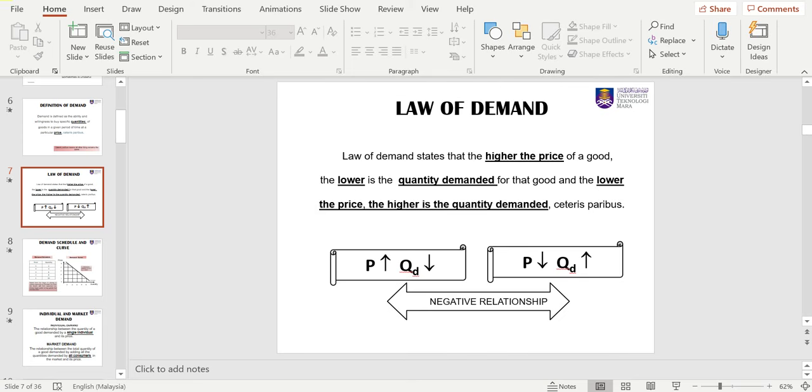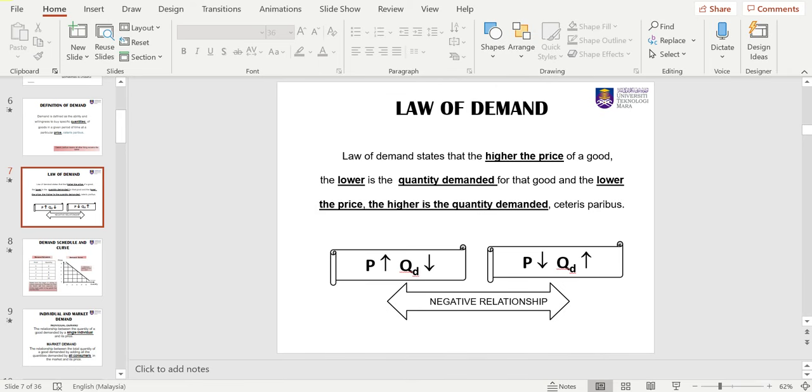So what does it mean? The buyer is very sensitive to the change in price. Harga baru turun RM1, 90 of the buyers decided not to buy. Tinggal 10 je yang beli. So maksud tu itulah yang kita kata responsive, very responsive to the change in price.